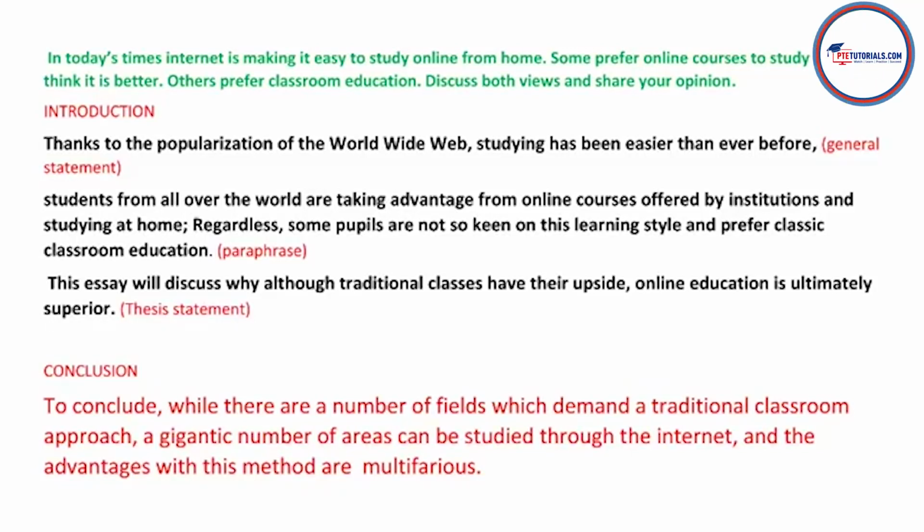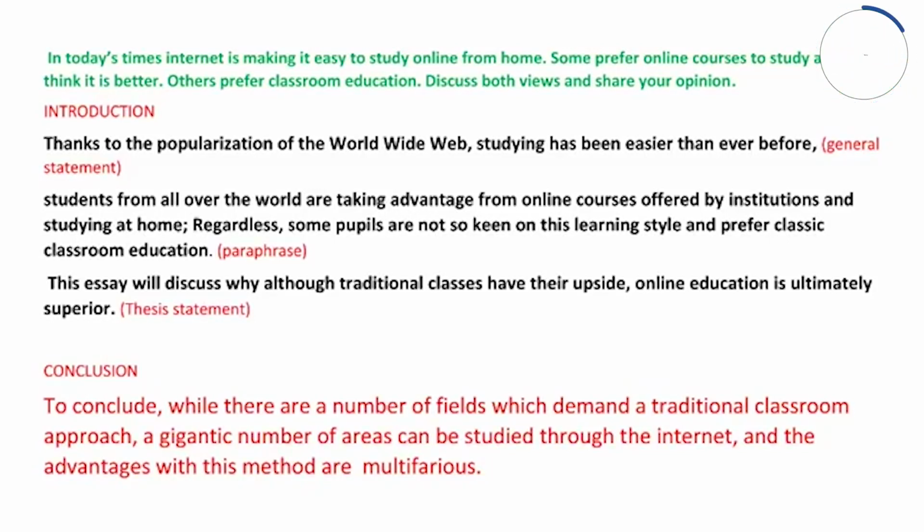Now, the response to my topic: discuss both views and share your opinion. If I'm responding to this in the last line of my introduction, this is, I can say, the thesis statement. So what is my response?